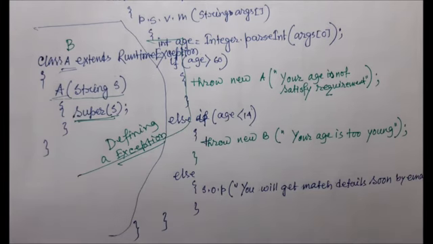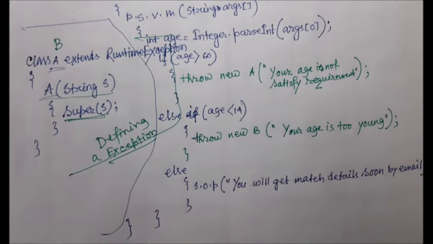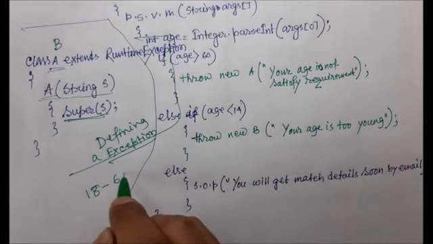For this example I am taking a simple example. Suppose in any website I am going to accept the age of people, and less than 18 and greater than 60 is not acceptable, because I want to accept the range 18 to 60.